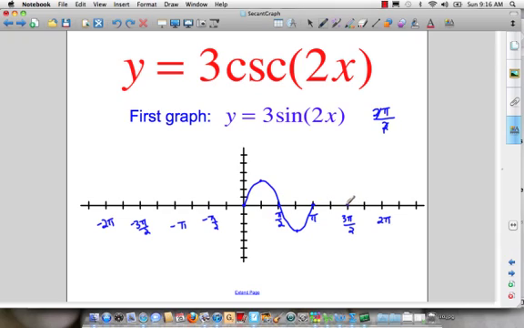So let's fill that in. This is going to come back up and down, and then like that.